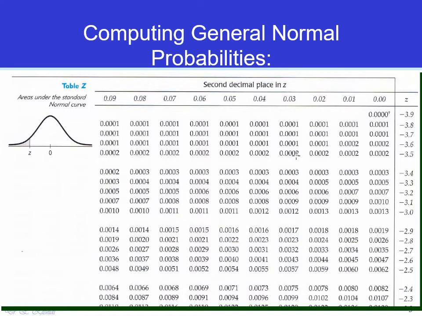All right, so now let's solve the problem that we have. We want to find the probability that x is less than 7. That is equivalent to z less than 1.